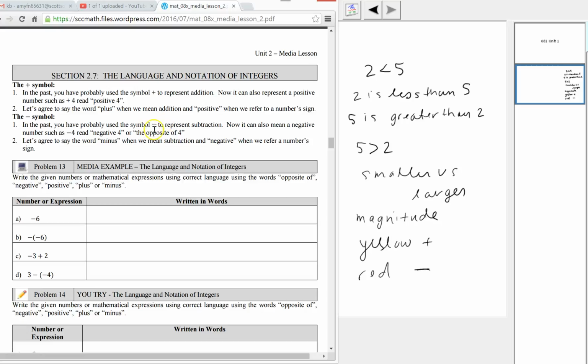But originally, this symbol always meant subtraction. Now it can mean subtraction or a negative number. And remember, we also use this or can use this as the opposite of 4. Okay, so really try to get them to say the word minus solely for the operation of subtraction, and if they're talking about the sign of a number, a negative, and they can also use the idea of opposites.